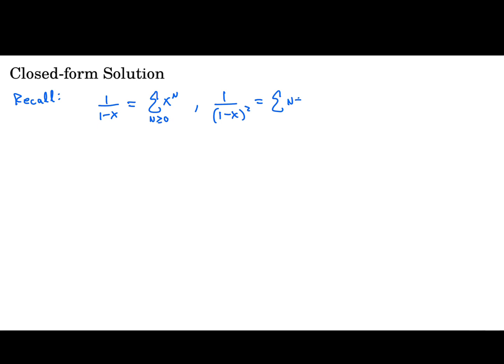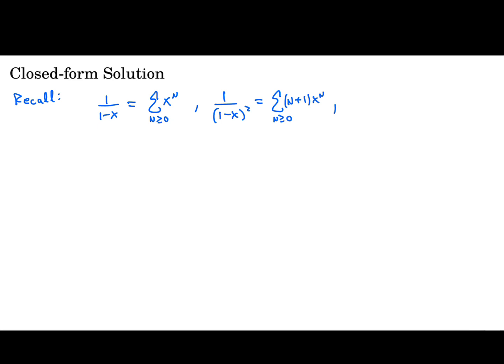It's the sum over n larger or equal than 0 of n plus 1 times x to the n. We showed two ways of doing it in a previous video. One was doing convolution, multiplying this twice, and the other was taking the derivative on both sides of the geometric series.